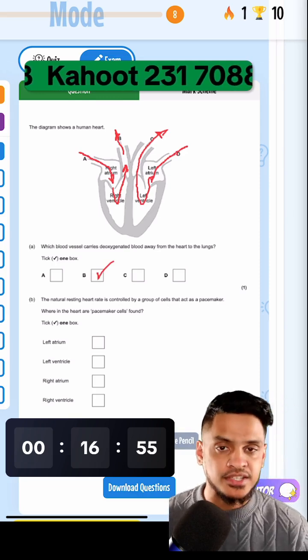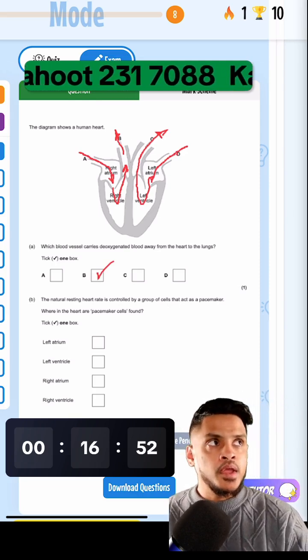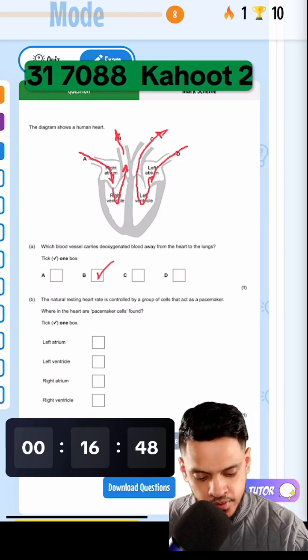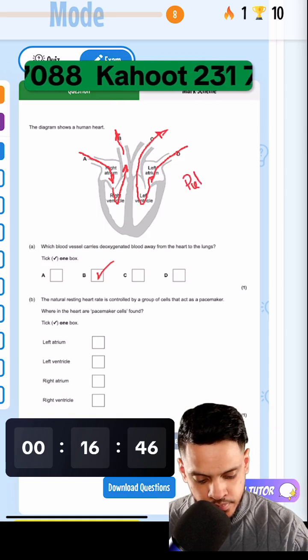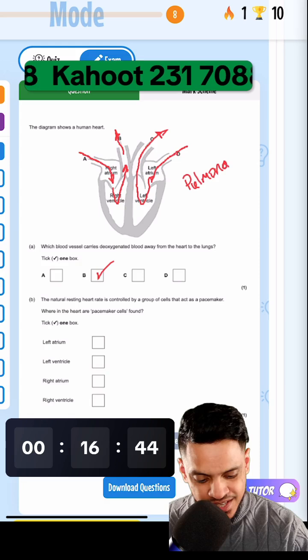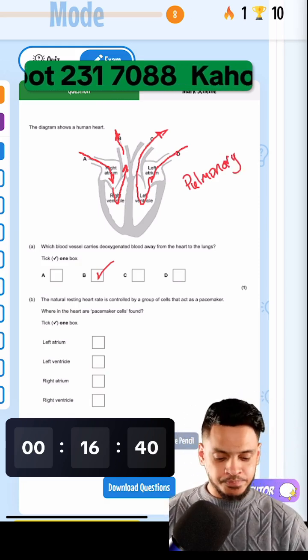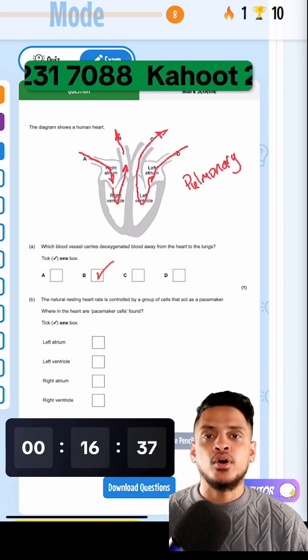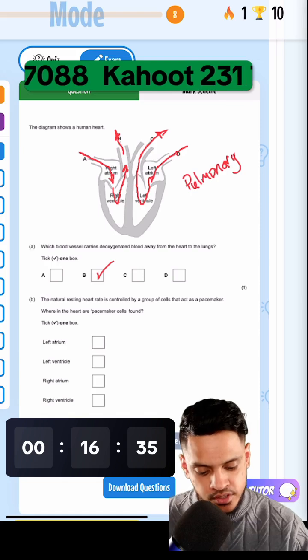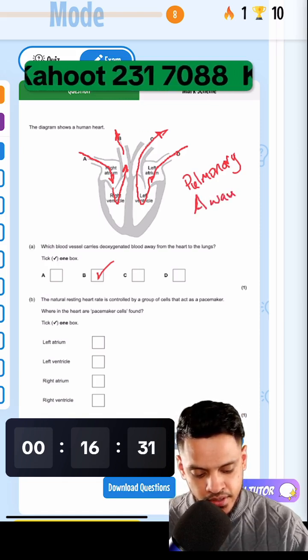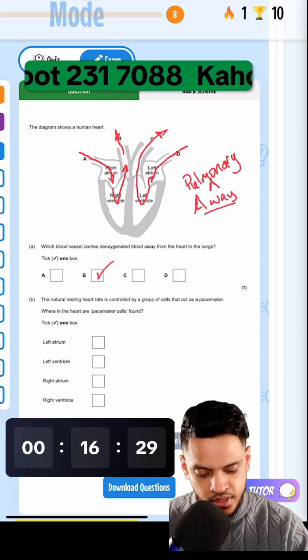Part B. So it's connected to the lungs. Both blood vessels that are connected to the lungs have the word pulmonary in them. So it's either the pulmonary vein or the pulmonary artery. This is the pulmonary artery because artery begins with A, which is for away. So pulmonary artery, that's what B is.